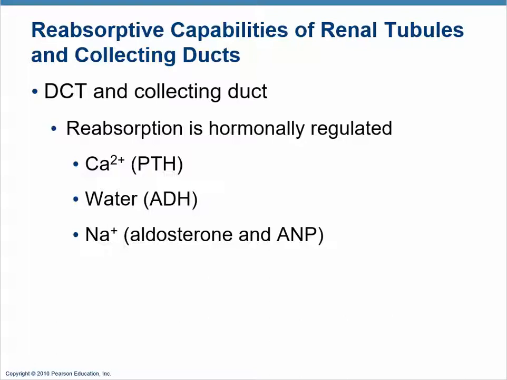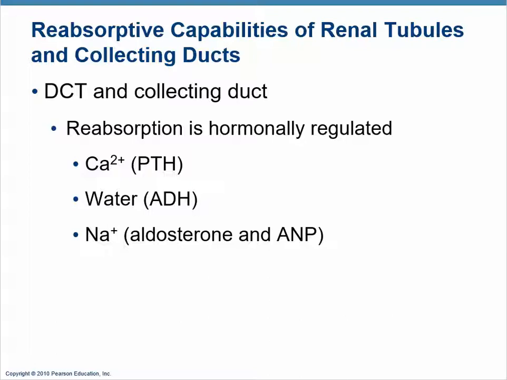And we reabsorb more water. And the hormone that does that comes from the pituitary gland, and it's antidiuretic hormone. In the presence of antidiuretic hormone, we reabsorb more water. We open the aquaporin 2s. In the absence of antidiuretic hormone, we don't open them, and there's more water in our urine.